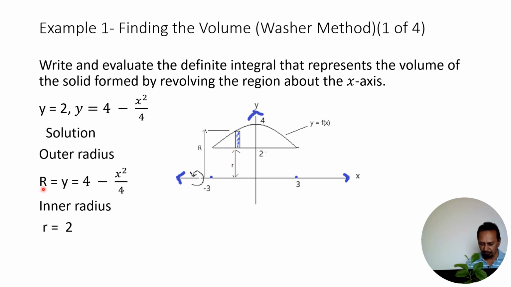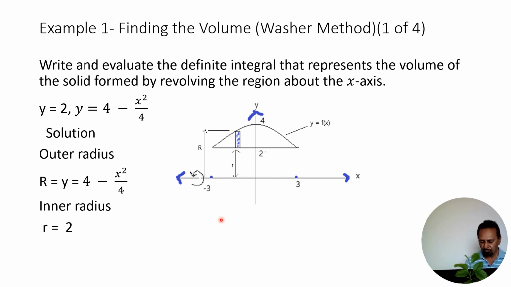The outer radius depends on where you draw the rectangle, so we use the whole function: uppercase R equals 4 minus x squared over 4. The inner radius is lowercase r, and that's a horizontal line, so it's going to be fixed, r equals 2.